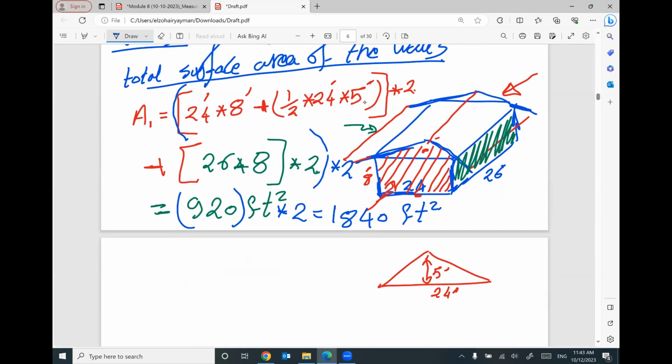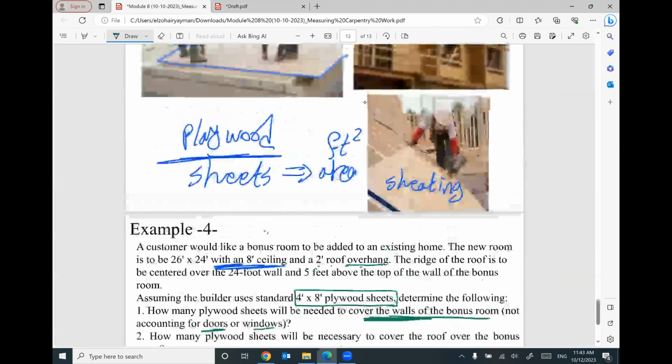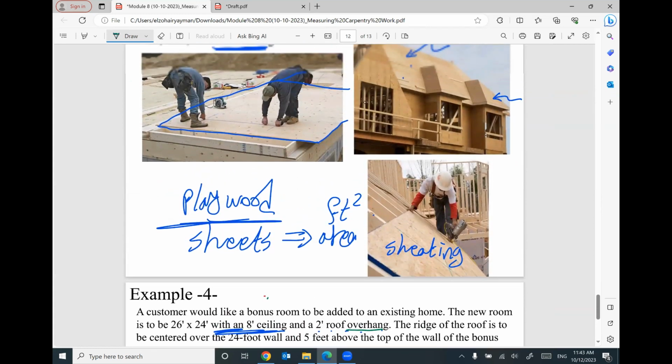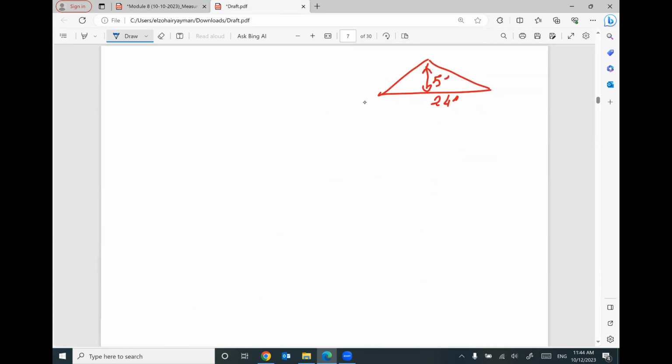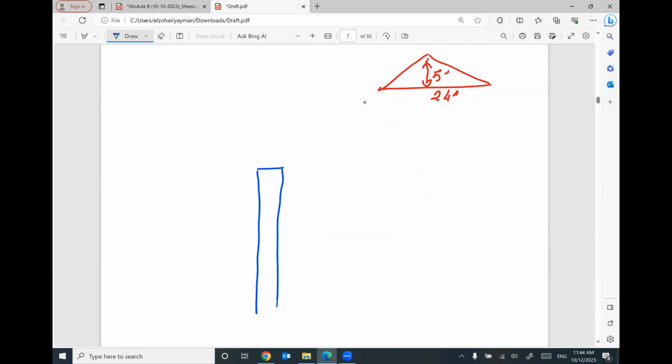I think if you would like to cover a wall with plywood, you need to cover the wall from this side and the other side. Let me draw it here. I have a lumber, looks like this.